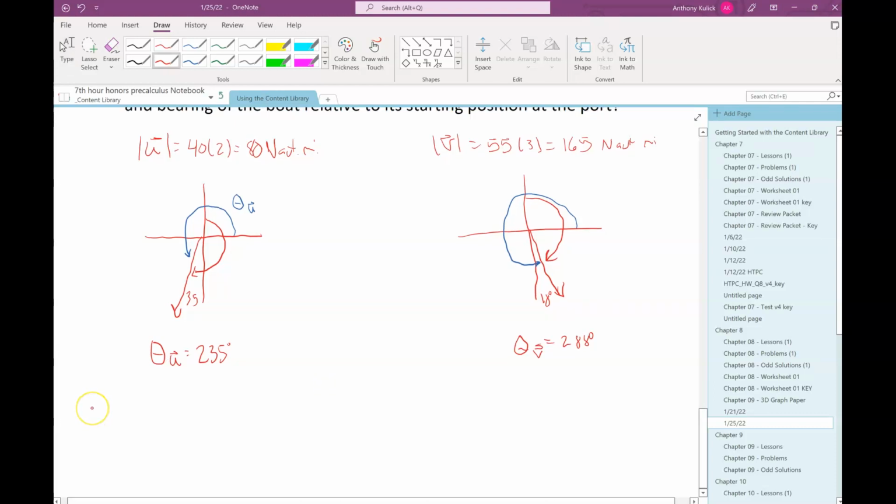Using this now, since I have written my vectors as magnitudes and directions, I can easily translate those into component forms by doing the magnitude of u times cosine the direction of u, magnitude of u times sine the direction of u, and similarly for v.